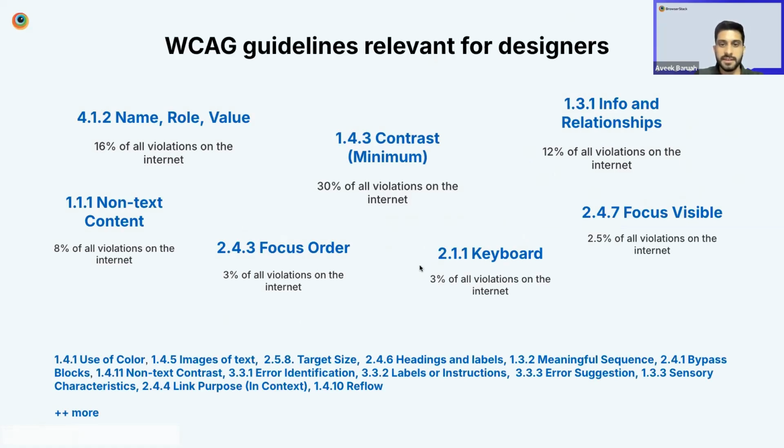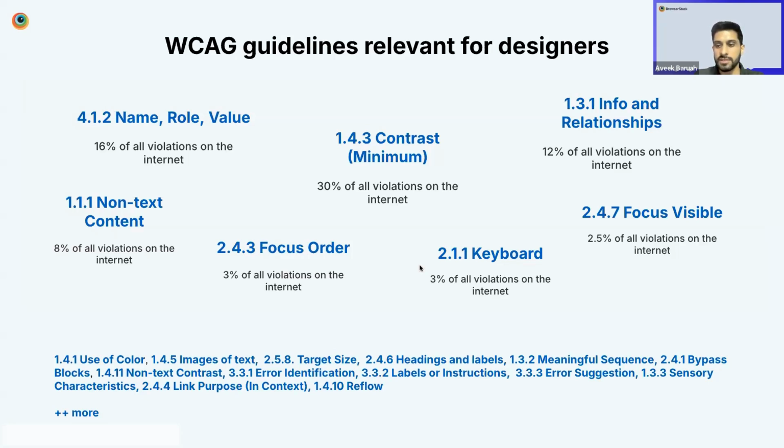But yes, as per my understanding and what I've encountered after talking to designers, apart from color contrast, there are about 27 WCAG success criteria that designers can directly address in their workflow. So color contrast is one, but there can be other things like info and relationships, for example, defining the heading hierarchy, right?